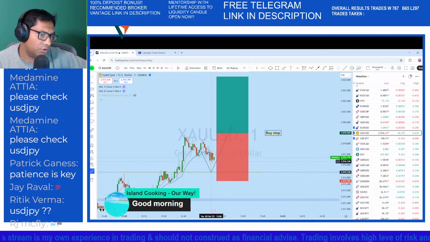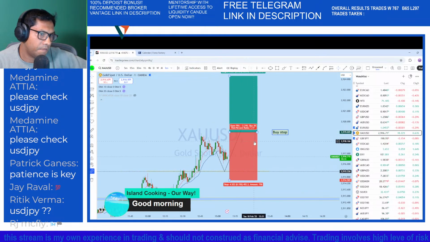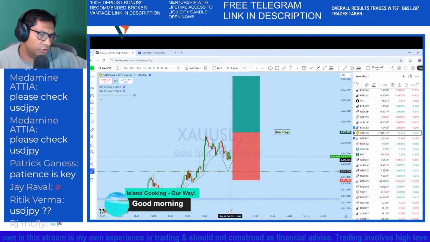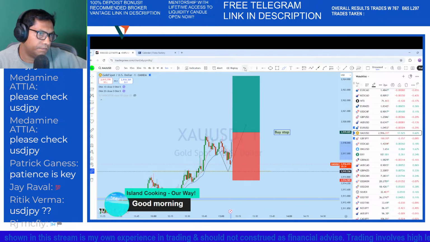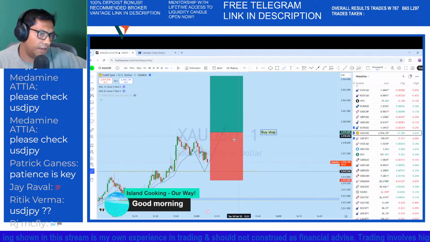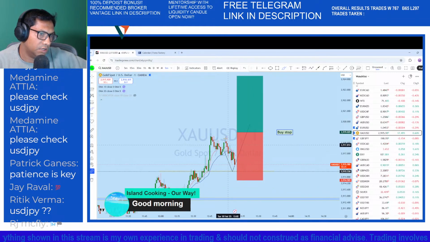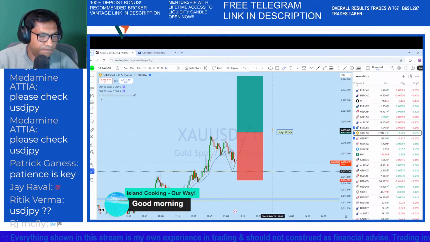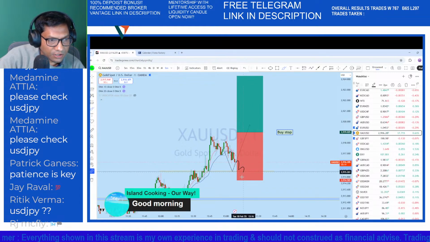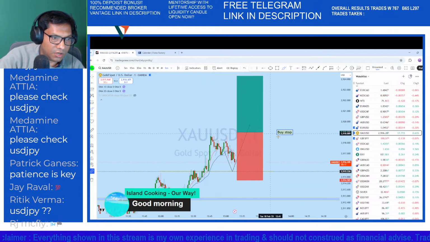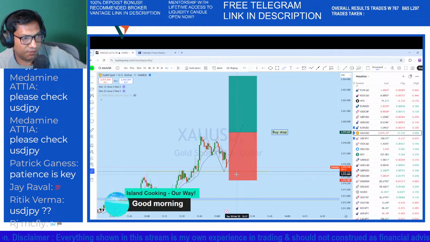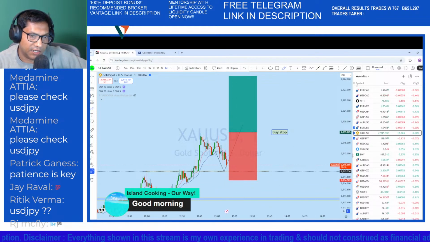So you can see a couple of long wicks here. And with that couple of long wicks, expecting it to potentially move up. And yeah, so that's why the buy stop is here, because if it is dropping in that direction, we are not entering into the trade. I'd like to see the market in fact make its move to the upside.